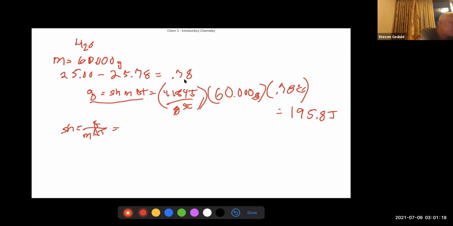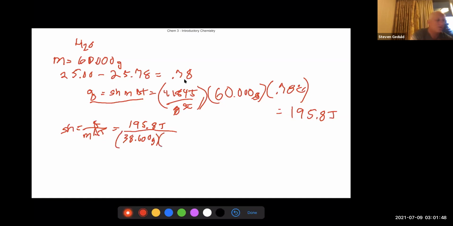Our Q value is 195.8 joules. The mass of the gold was, what was the mass of the gold? Oh, 38.600 grams.